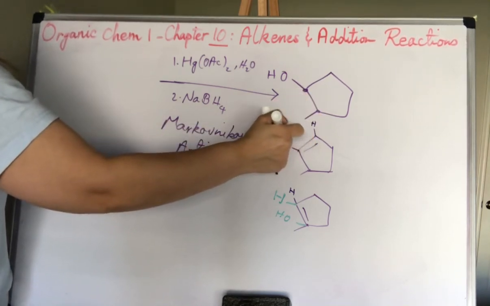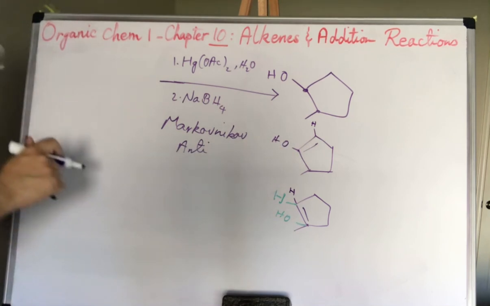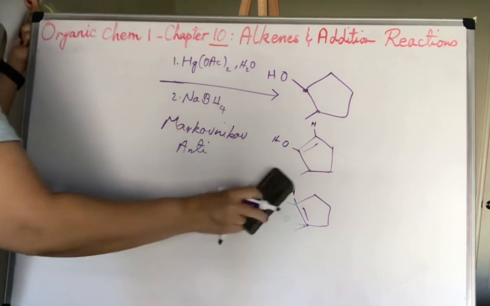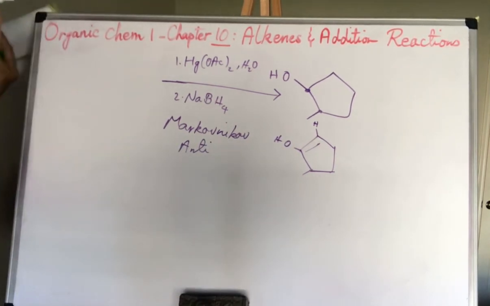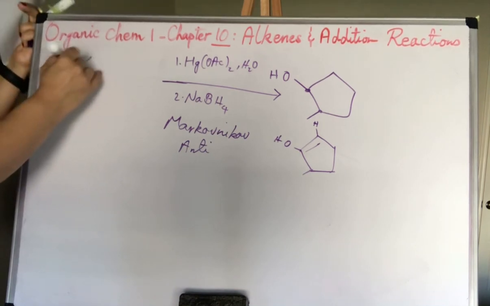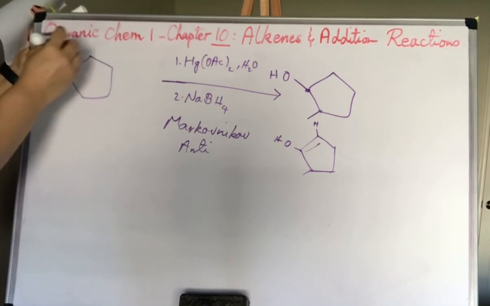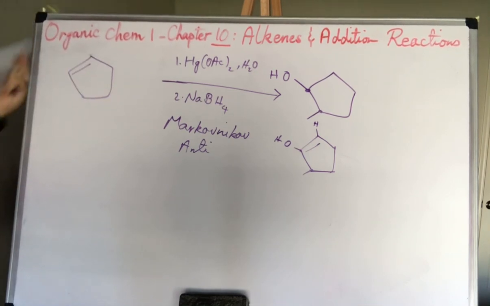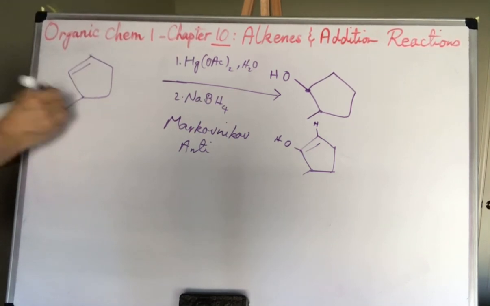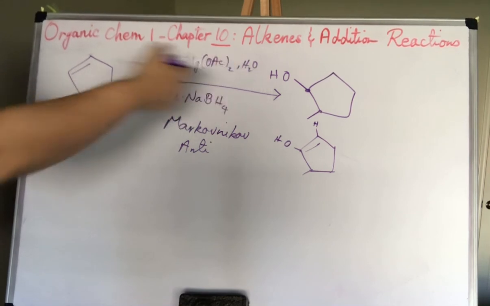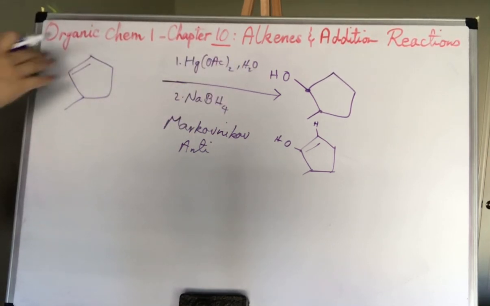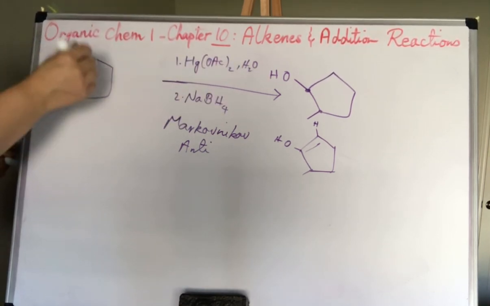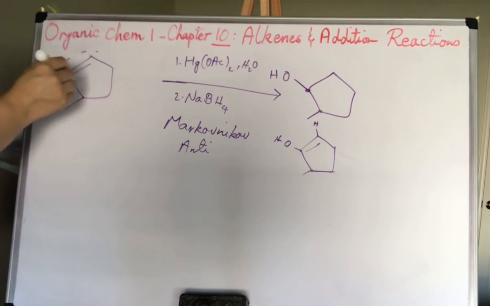That means H and OH will be added to these two carbons. So this is your alkene.